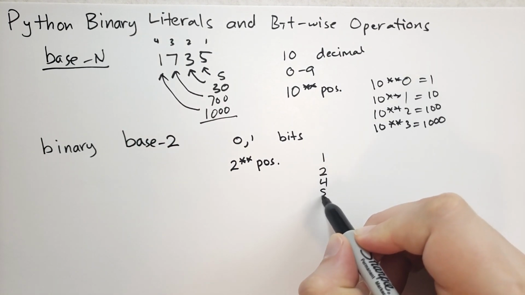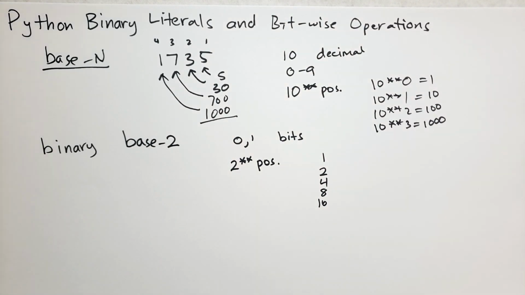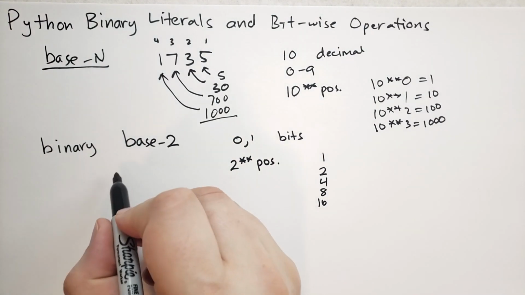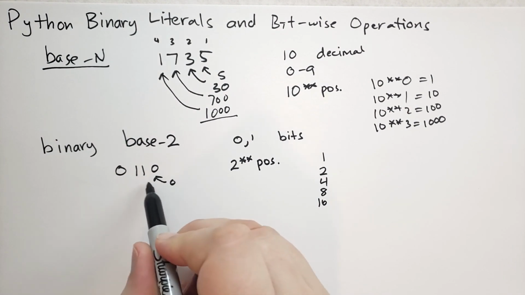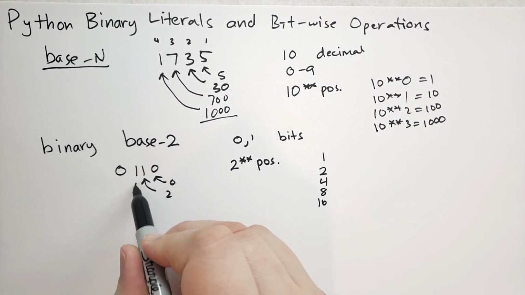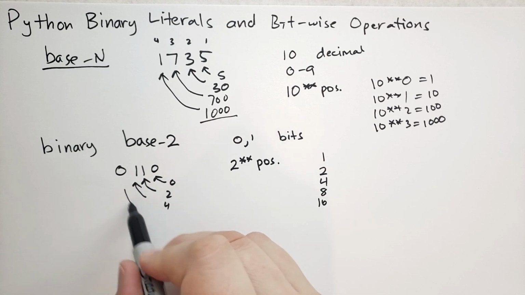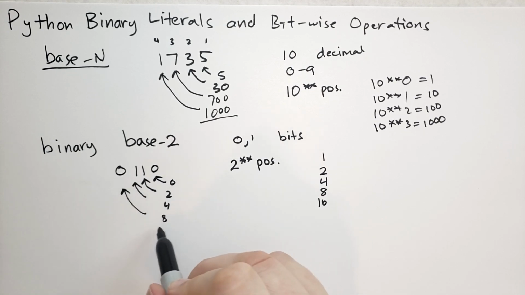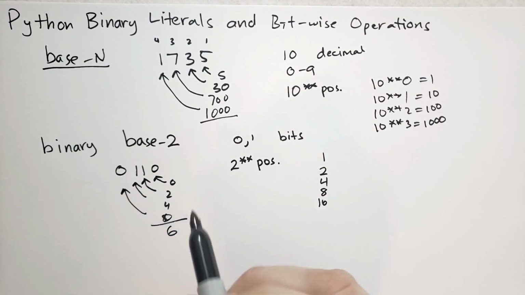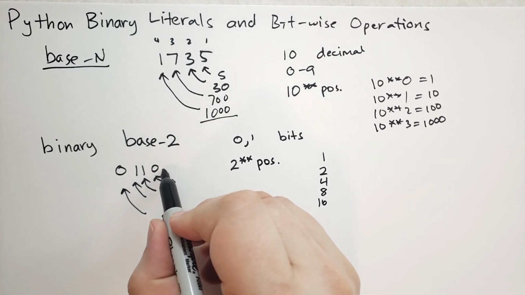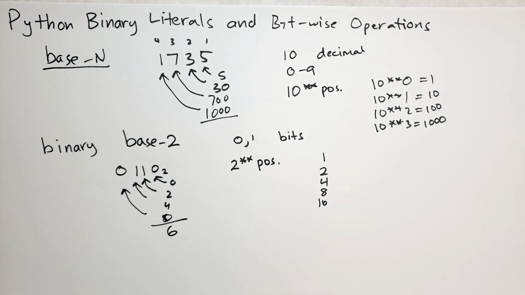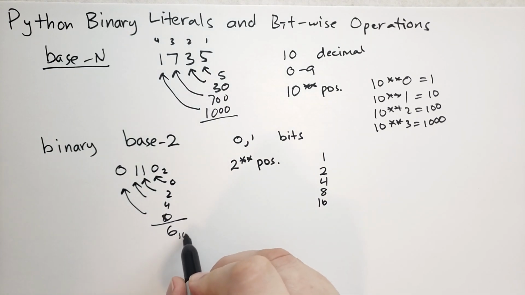And then 4, 8, 16, and so on. So a number like 0, 1, 1, 0, well, this is going to be worth 0, this one's going to be worth 2, this one's going to be worth 4, and this one's going to be worth 8. So the total is 6. So in decimal, this number 0110 in base 2, and I'll put a little 2 subscript here to remind you that it is in base 2, is equal to 6 in base 10.